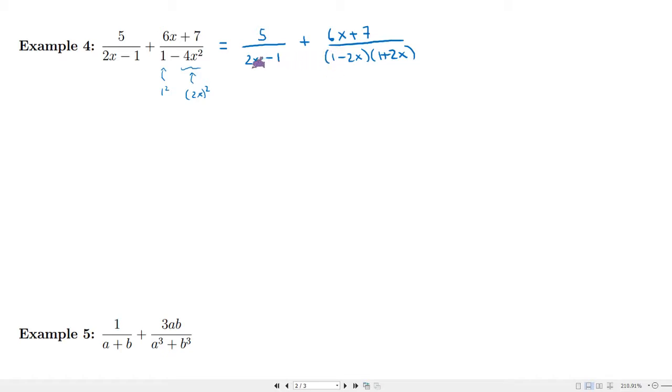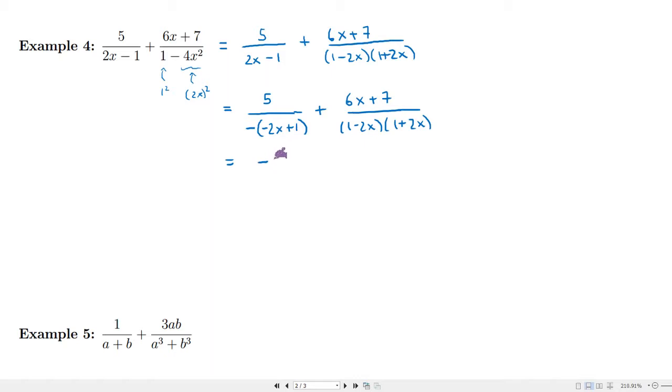And do you see that they actually now do have a common factor? So look at what we could do. I could factor a negative out of the first denominator, so negative (2x plus 1)... actually, this is 1 minus 2x.